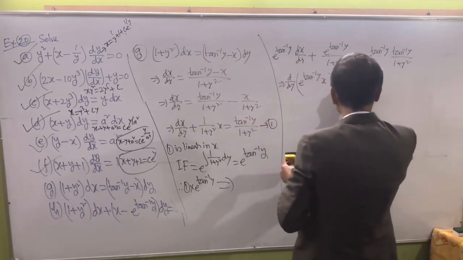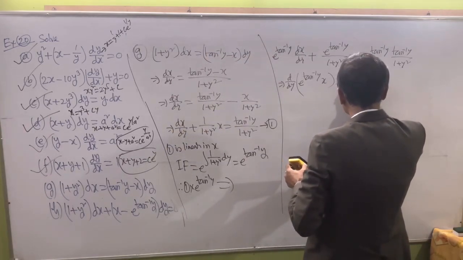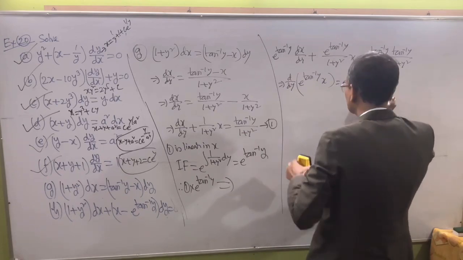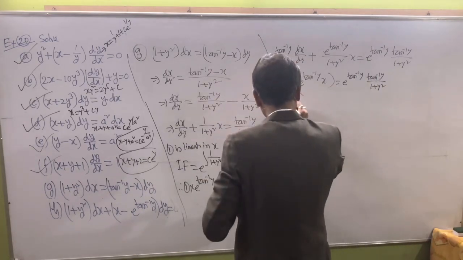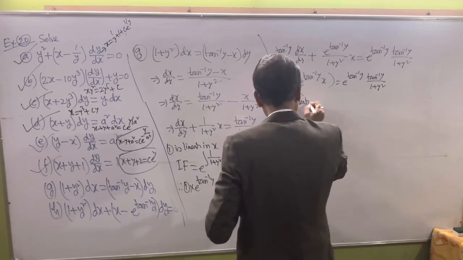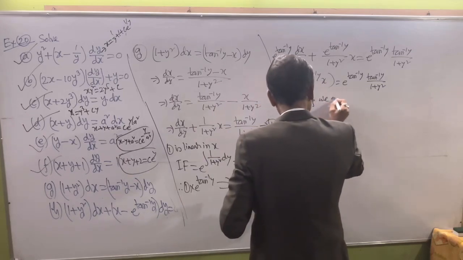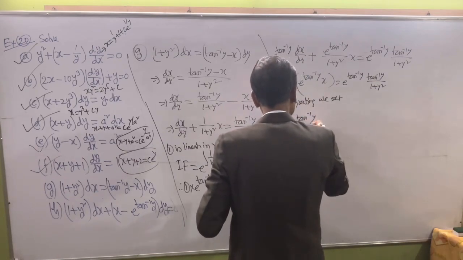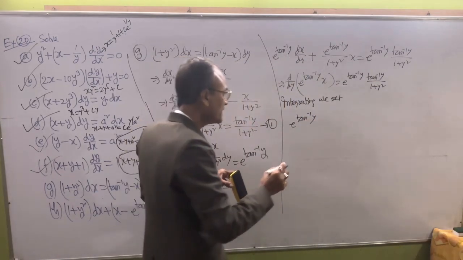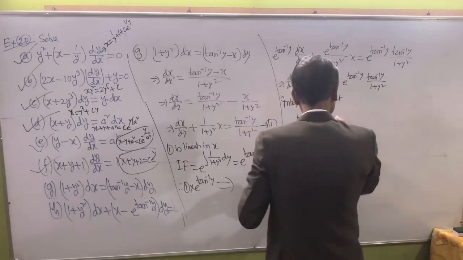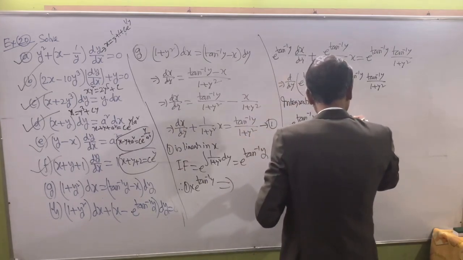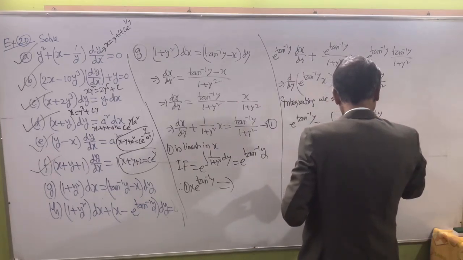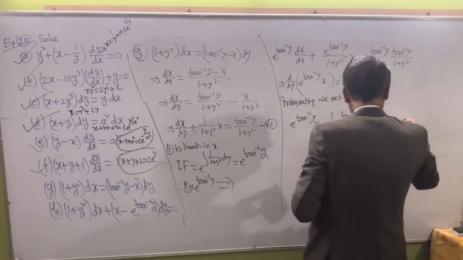This is equal to e to the power tan inverse y tan inverse y by 1 plus y square. Integrating, we get e to the power tan inverse y into x equal to integration e to the power tan inverse y tan inverse y by 1 plus y square dy plus c.